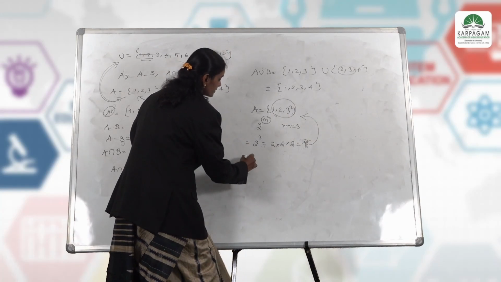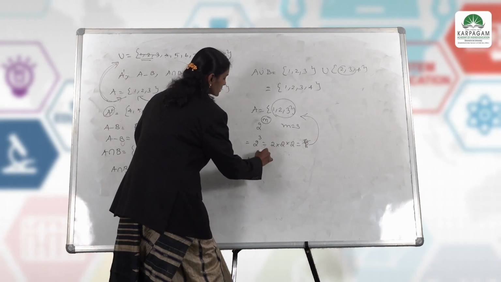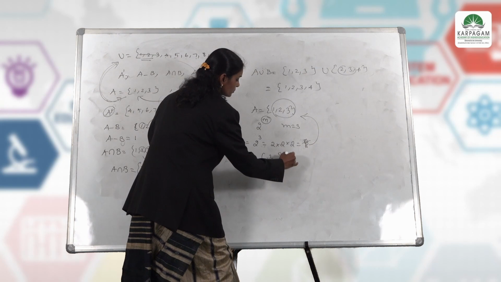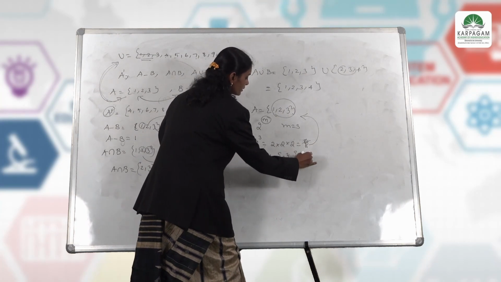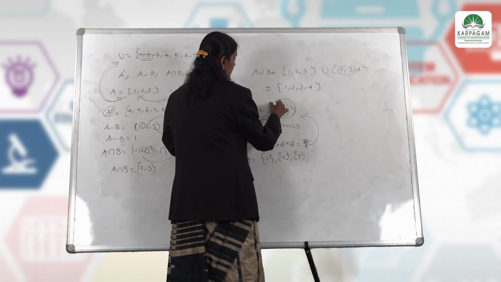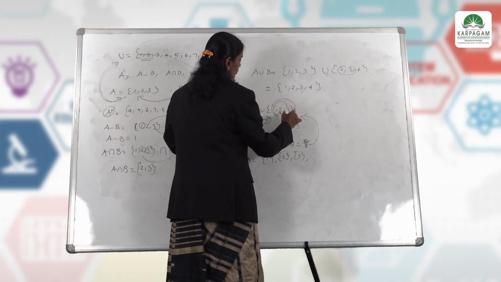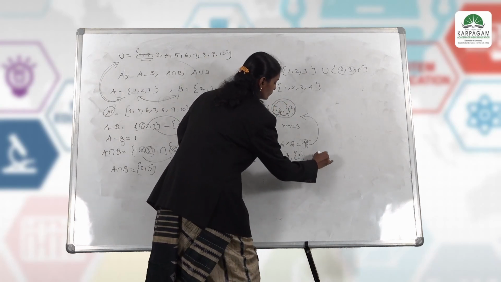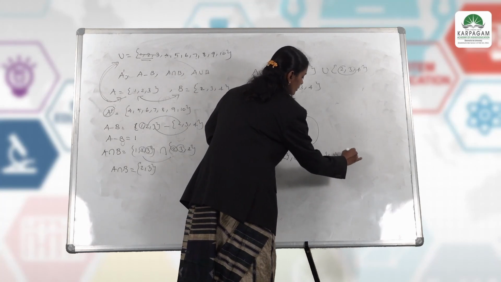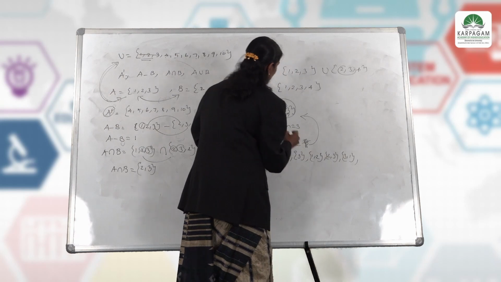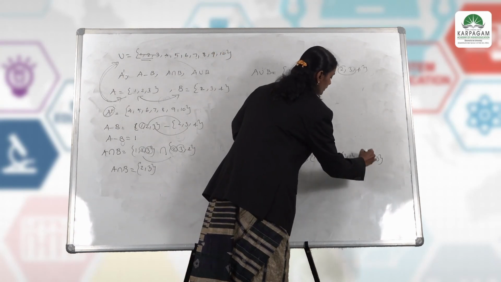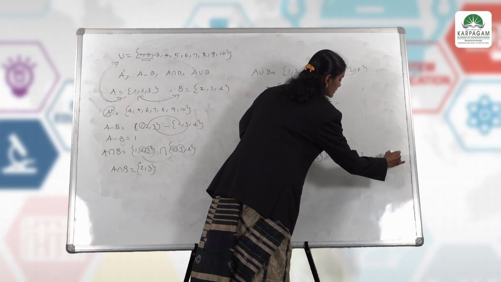So what are the subsets? A is equal to, you can start with single elements {1}, {2}, {3} and pairs {1, 2}, {2, 3} and {3, 1}, and the set of 3 elements {1, 2, 3}, which is always a subset of itself, and the empty set.